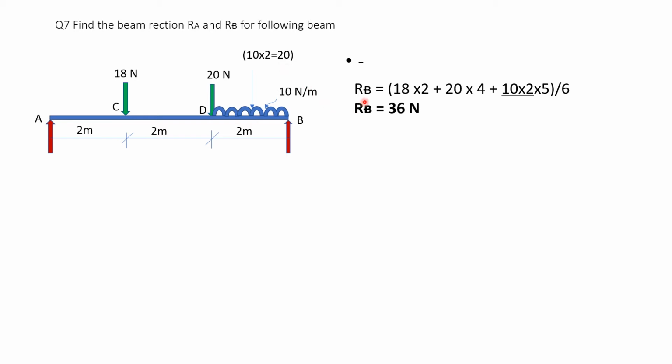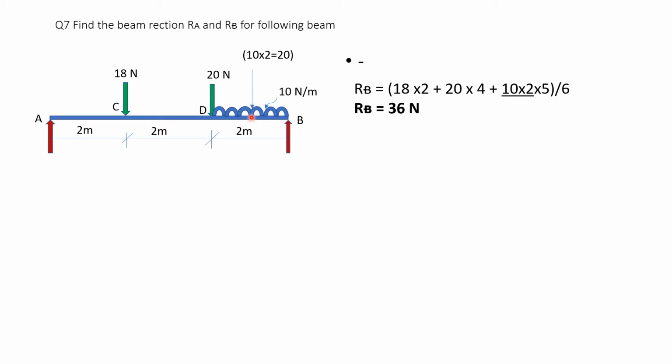Now how we calculate RB is equal to, first let us take the point load 18, distance from A is 2. So 18 into 2, going downward positive. Here it is 20, again going downward, distance from A is 4, 20 into 4. Right hand side going down positive, plus for the UDL the magnitude is 10 into 2. Now this will act at the center of this 2 meter, that is from D it will act at 1 meter.